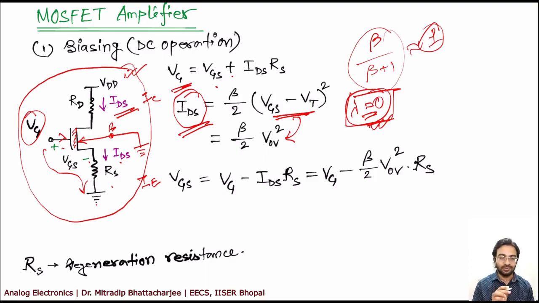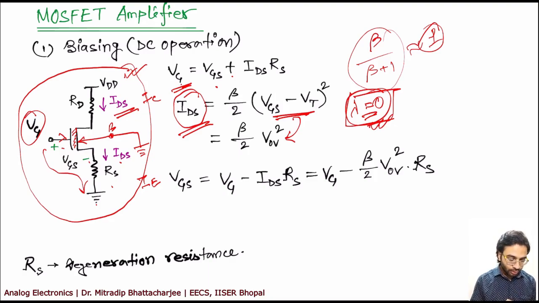If it is specified as PMOS, then take PMOS. If it is not mentioned, take the bulk as grounded, the substrate grounded. Don't consider any substrate biasing. So these are a few things that you should remember.